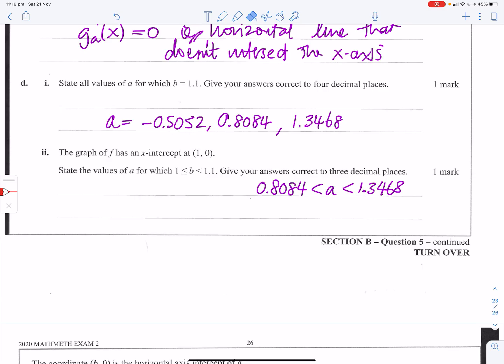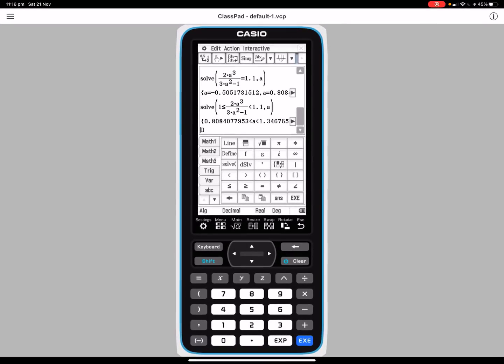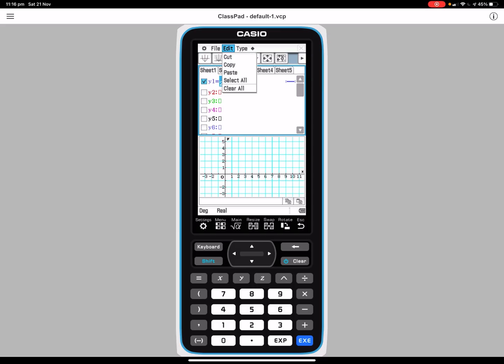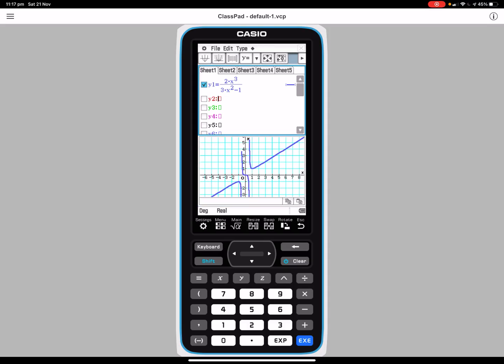Why do we have a solution here? So it's got to be between 1 and 1.1. Let's sketch this on our CAS. Make that an X. Make that an X. And we know it's got to be between 1.1 and 1.